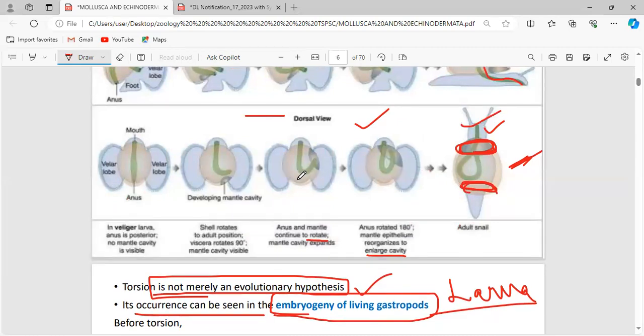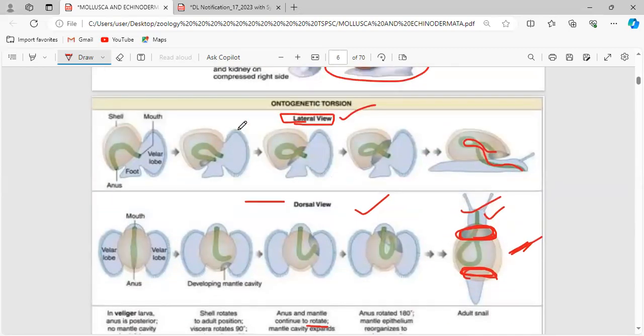Just take a note of it. What is torsion? And the second thing you have to remember is why torsion is occurring. Wait, the significance of torsion will be discussed a little later. Just understand the mechanism. If you have any confusion with respect to this mechanism, just tell me.